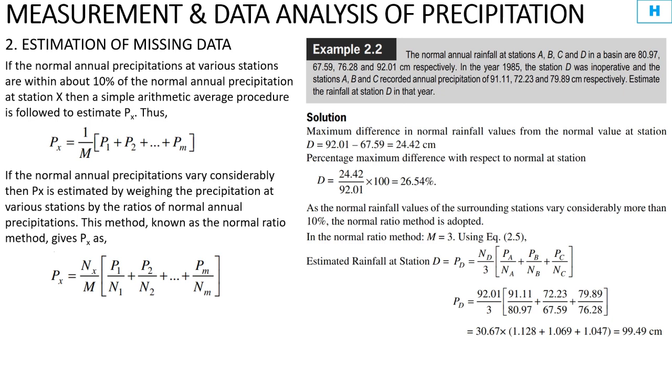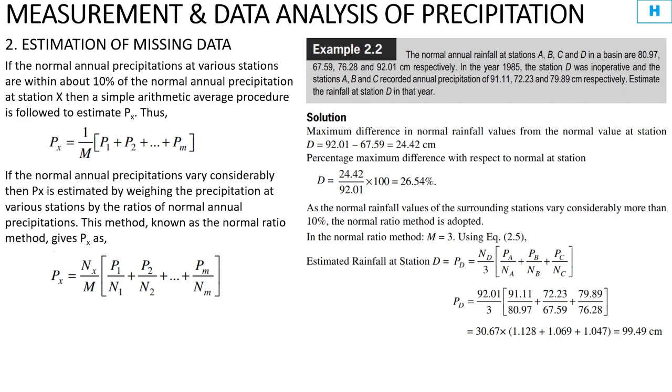So let's use itong example 2.2. The normal annual rainfall for stations A, B, C, D are 80.97, 67.59, 76.28, and 92.01 centimeter respectively. Pero in 1985, yung Station D ay nasira.